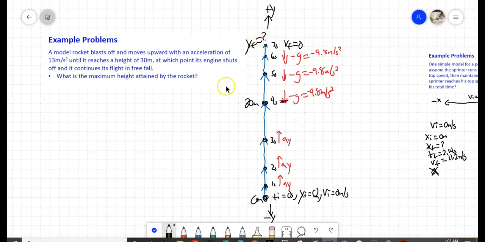This is what we're ultimately solving for. And I'll give this a 1, the initial position.